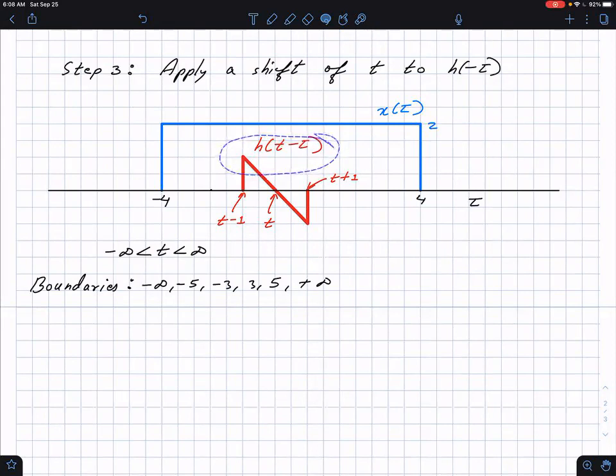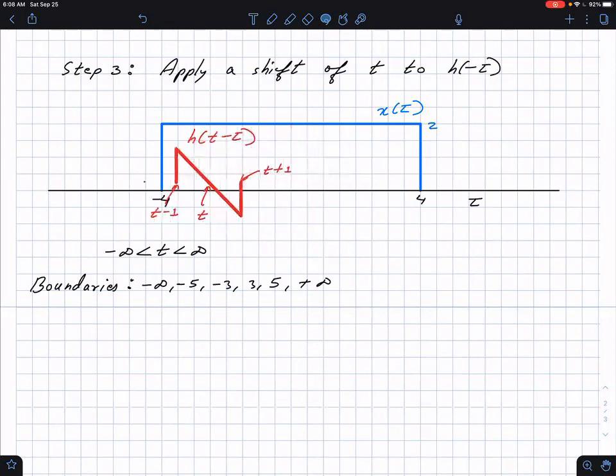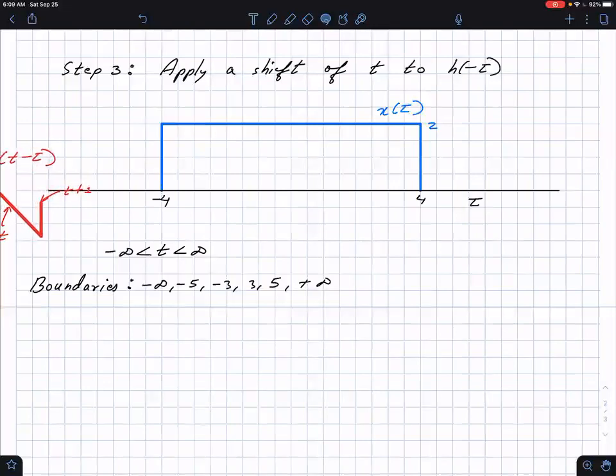So consider t equals -infinity and gradually increase t from -infinity to +infinity. If we were to draw a graph for t equals -infinity, our red function will be at tau equals -infinity. We wouldn't see it. We would just have the blue function. And as we gradually increase t, the red function would gradually move to the right.